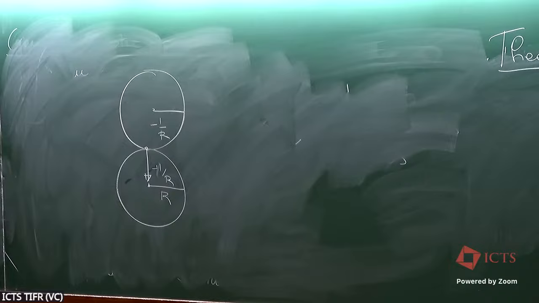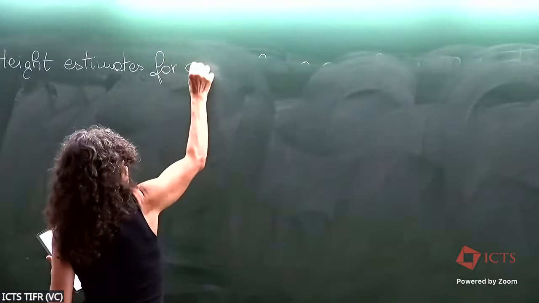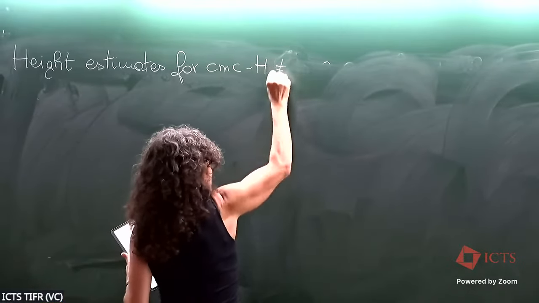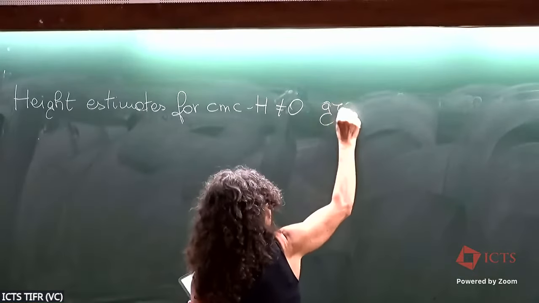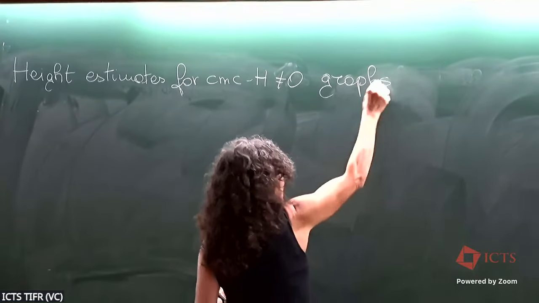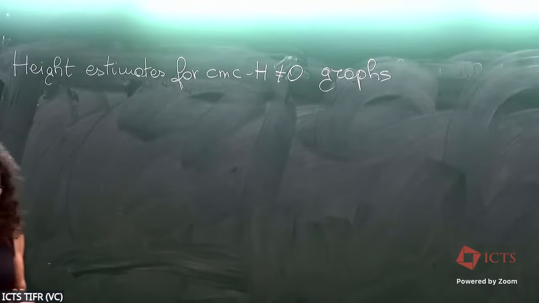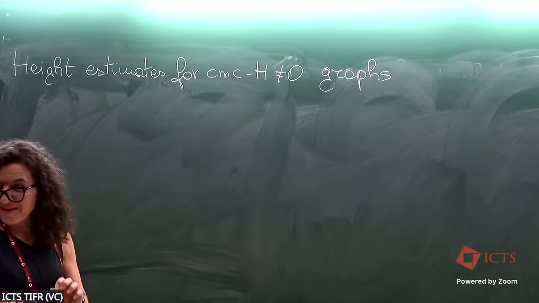Height estimates for CMC graphs with H different from 0. I'm doing everything for CMC different from 0, not minimal, but I will try to do something minimal as well.